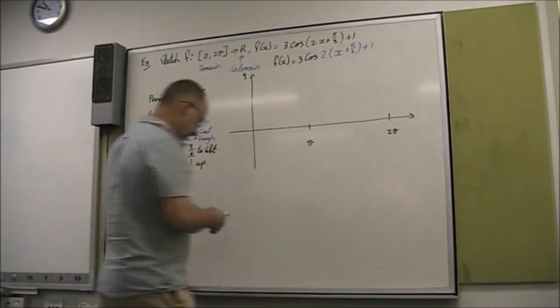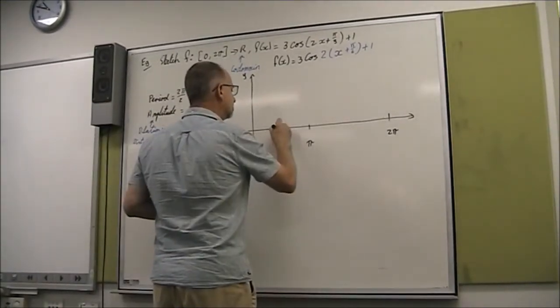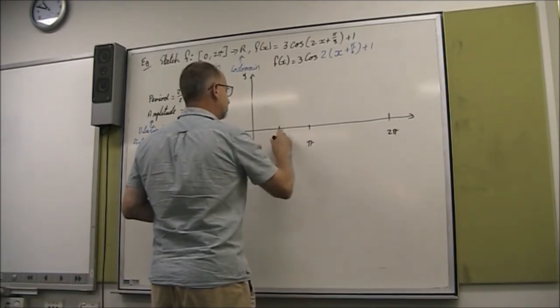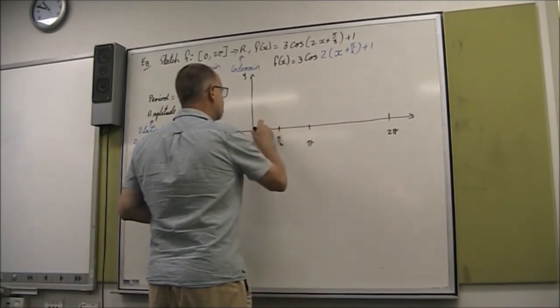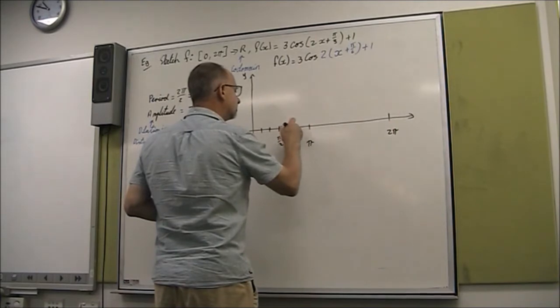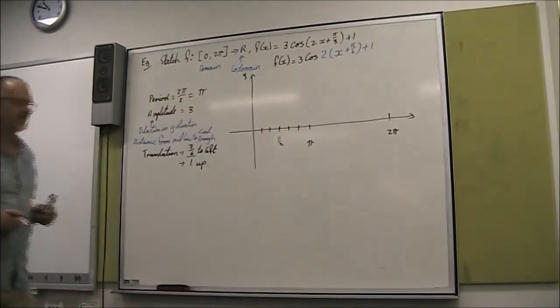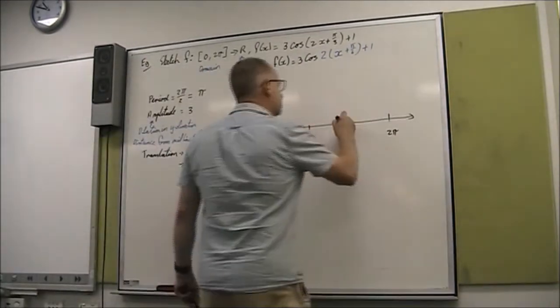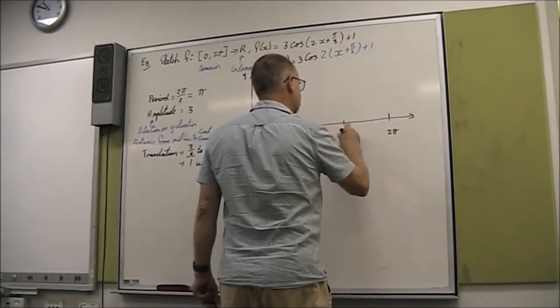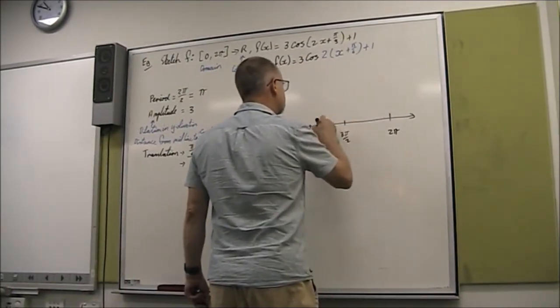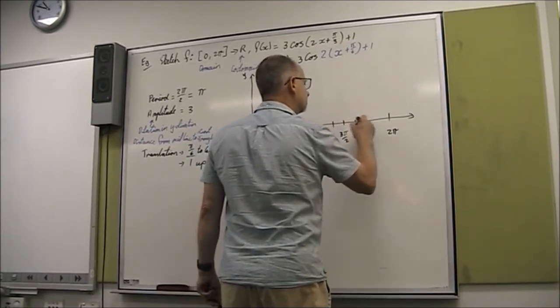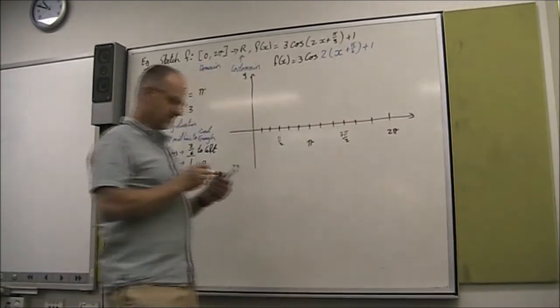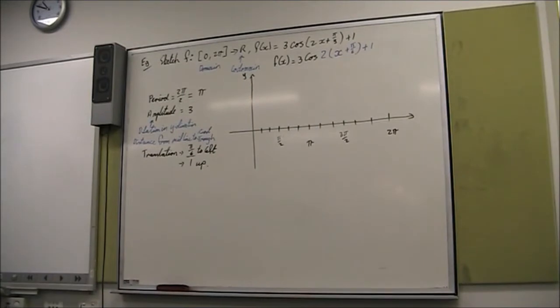And I'll show you why I like to do that in a minute. Alright, so each of those little marks there is pi on 6. Just got this a little bit out of whack, let's not worry about that.